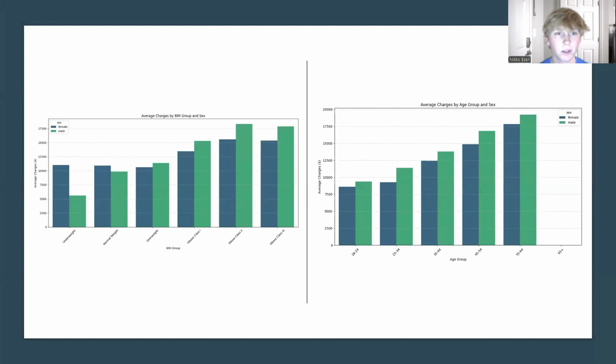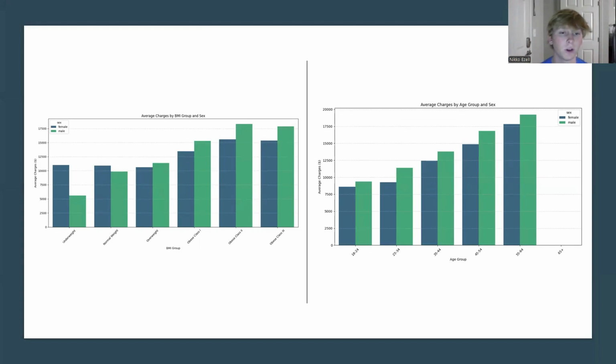So next we got the average charges by BMI and also gender, and then the average charges by age and gender. And we could see that there's more of an impact between these two than the last two graphs. We could see that the charges increase the higher the BMI gets.